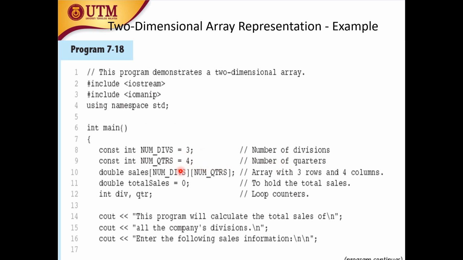So when we define this array of sales in type double, the number of rows is going to be 3 and the number of columns is going to be 4, and we are calculating the total sale, which sums up every element in that two-dimensional array. So we define those two variables and prompt for those values from the screen.